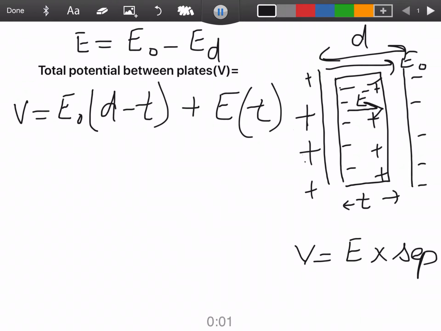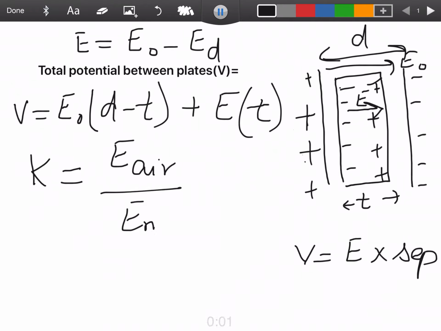So now further we know that what is dielectric constant. When we are keeping some dielectric inside two plates, we must know the value of dielectric constant. Now what is dielectric constant? Dielectric constant, it is denoted by K, and dielectric constant is equal to electric field in air or vacuum divided by electric field in some medium.